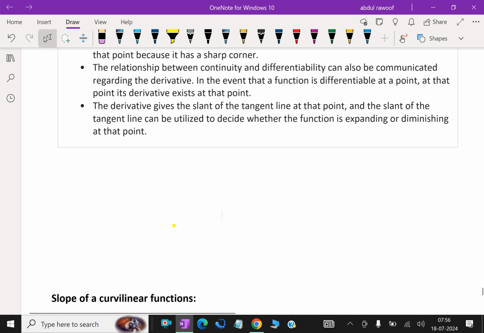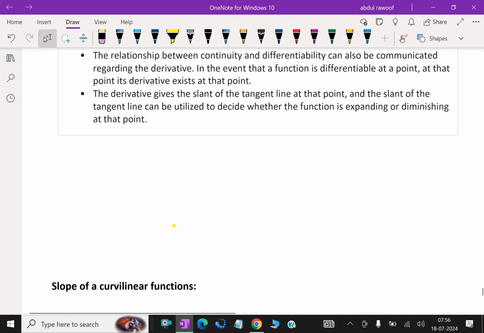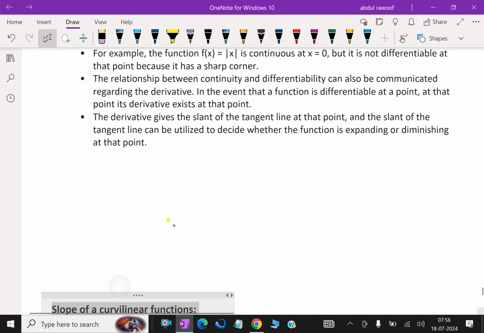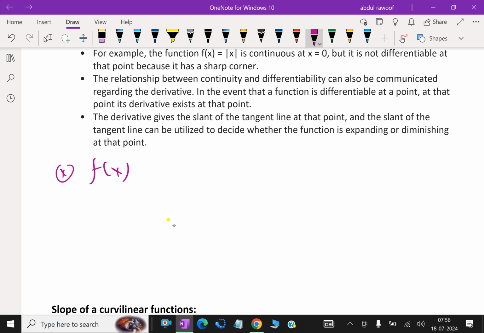So the definition of a continuous function is, first, f of x is defined, that is, it exists at x equal to a.